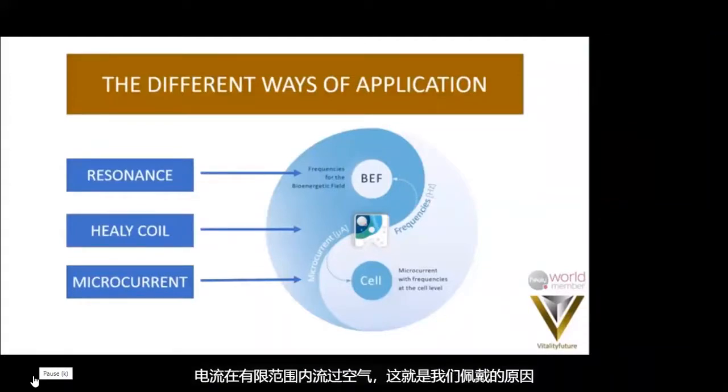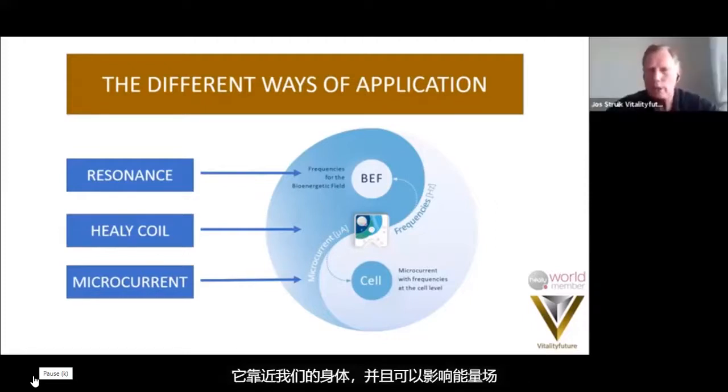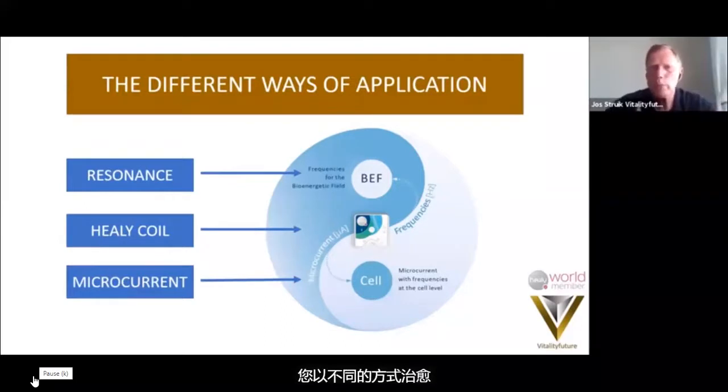That's why we wear it close to our body, and it can influence the energy field that is in our body. It can influence the cells connected with those energy fields. And you can see it as a way of using your Healy in a different way.